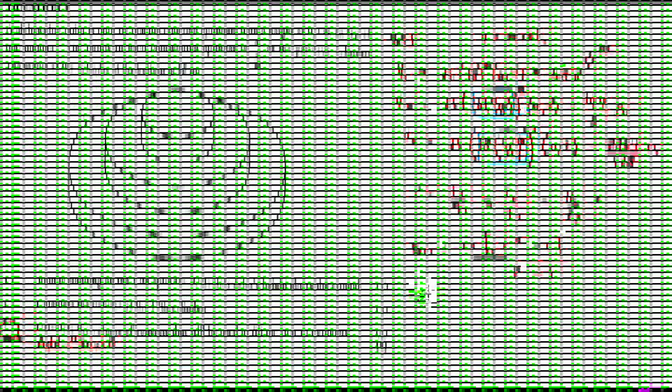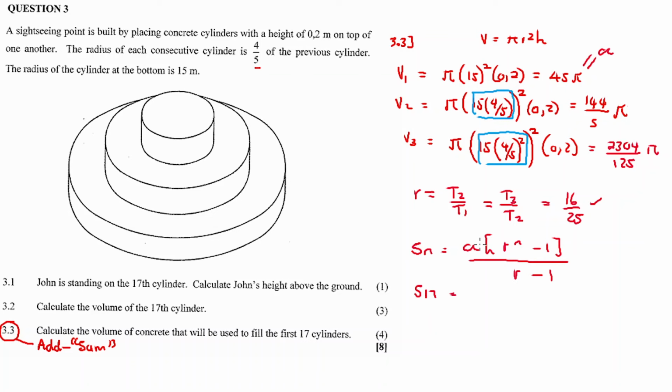So S n, it's going to be S 17. We are summing all the way up to the 17th cylinder. Open bracket, open another bracket, put in your r, it's 16 over 25, raised to 17, minus 1, divided by 16 over 25 minus 1.